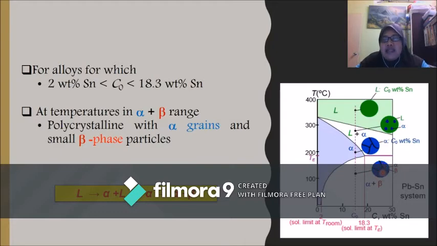When we look at the figure, the red dotted color is the beta phase particle. The eutectic reaction for eutectic system 2 is L equal to alpha, then L equal to alpha plus beta.